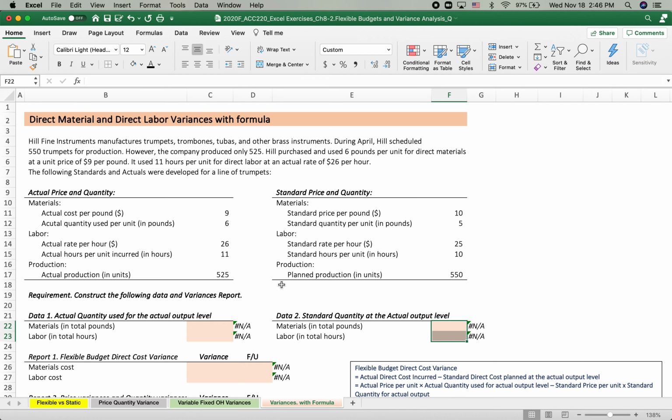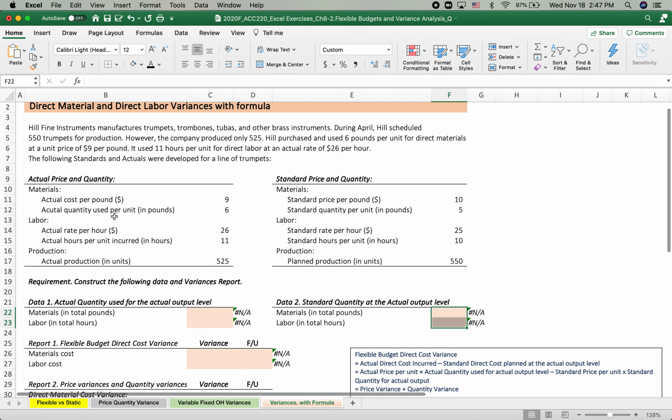Hill purchased and used 6 pounds per unit for direct materials at a unit price of $9 per pound. It used 11 hours per unit for direct labor at an actual rate of $26 per hour. The following standards and actuals were developed for the line of trumpets. Now let's calculate it.